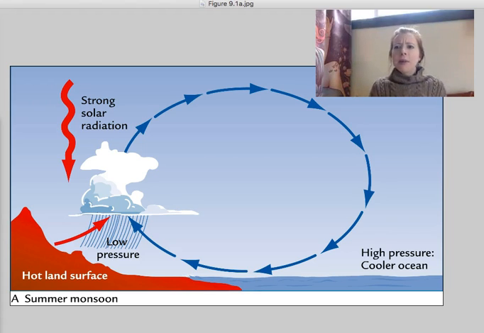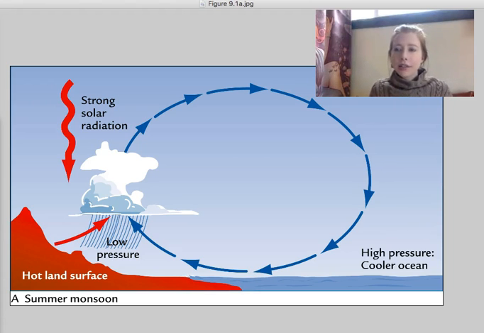So just think about a summer day. When you go outside and you step onto the pavement, it's really hot, or your deck, it's really hot. But if you pour water on it, you can walk on it just fine. That's because water has a higher heat capacity than wood or rock.